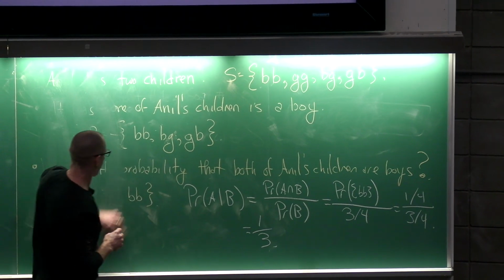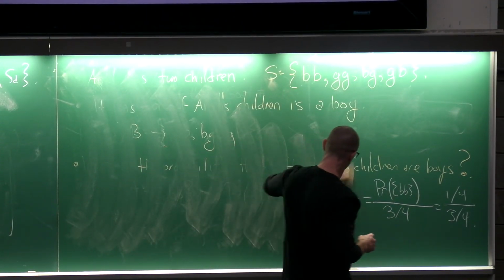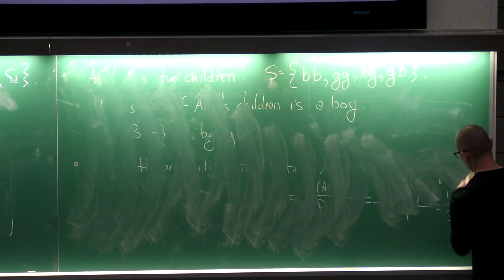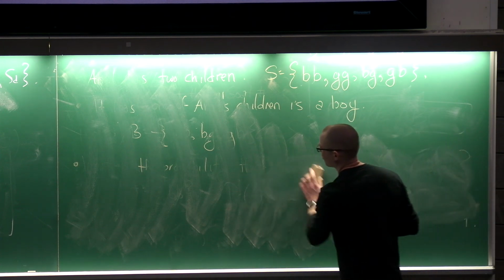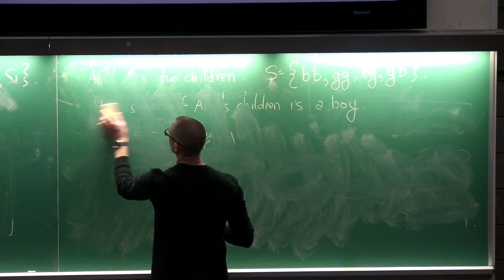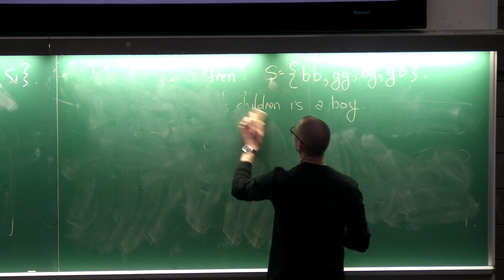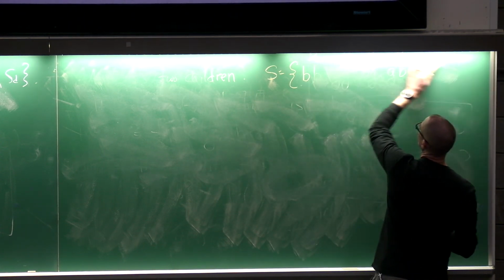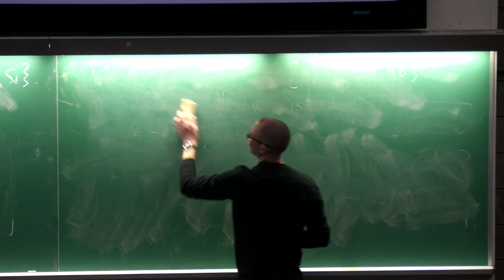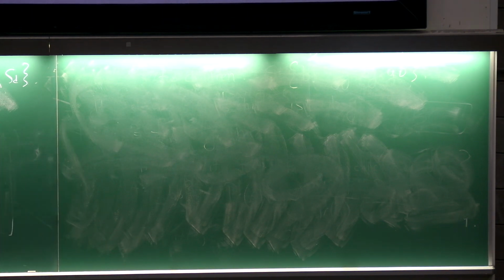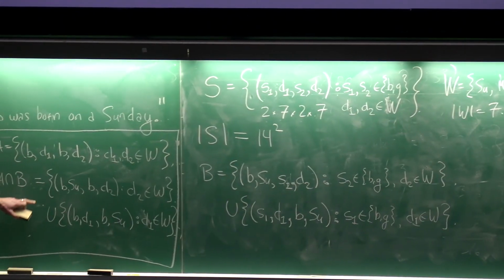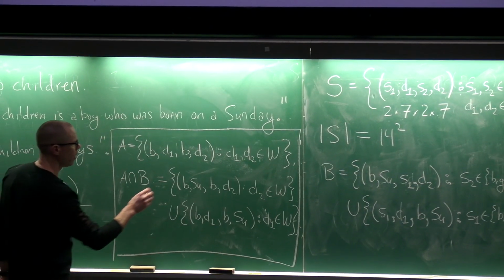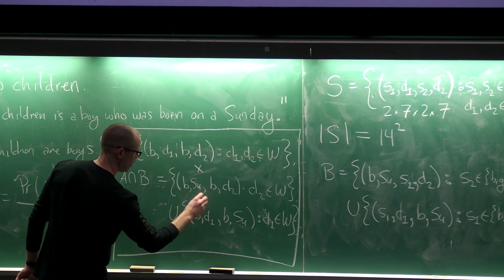So remember the answer here was 1/3. So what's A and B? A and B is the union of two sets. Let's call them X and Y.